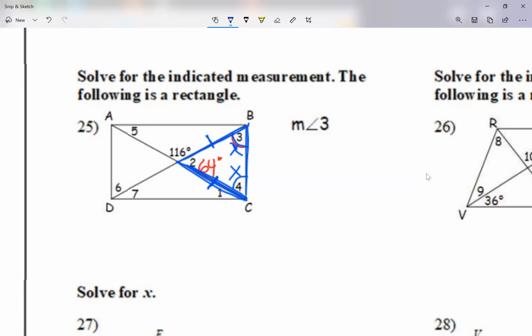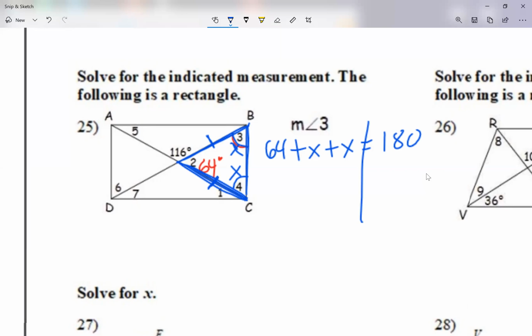I remember that for a triangle, I can add my three angles. So I'm going to go 64 plus x, plus x. And I know in a triangle, when I add the three angles, all of them equal 180. Okay, so let me separate with the equal sign. When it comes to letters, I have 1x plus 1x. That gives me 2x.